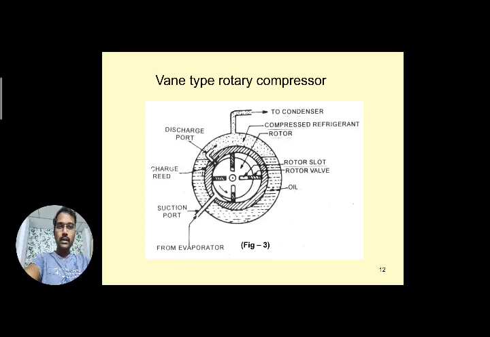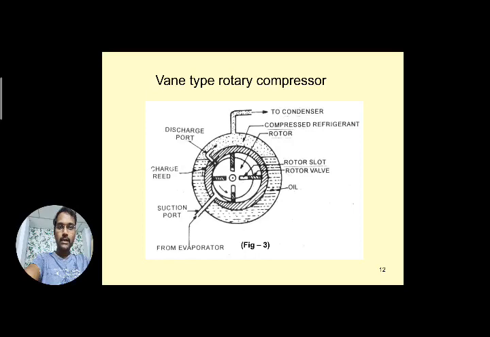So there is a rotor slot, and the rotor vane is also present. You can see the cross sections in a rectangular type of cross section. You can see rotor vanes are present, making contact with the cylinder structure around it.